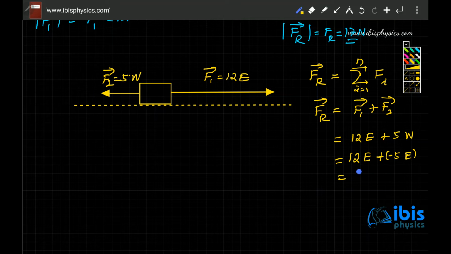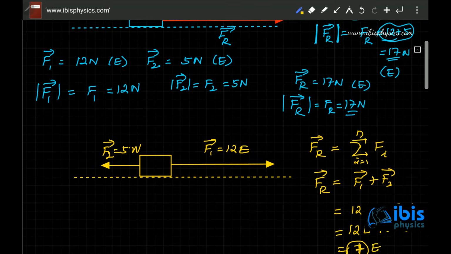Now it is totally 12 minus 5, which is 7 Newton east. And here the vector sum of two vectors gives you a magnitude which is the difference between the two, because these two vectors act in opposite directions.